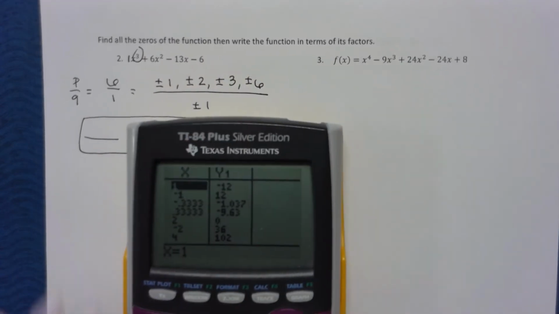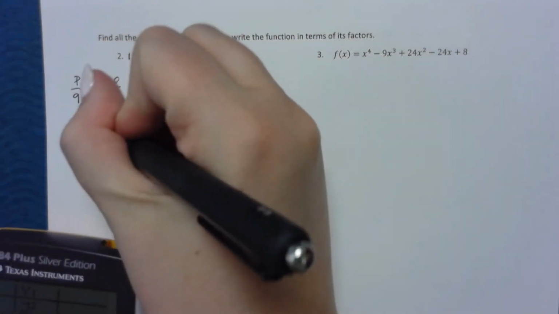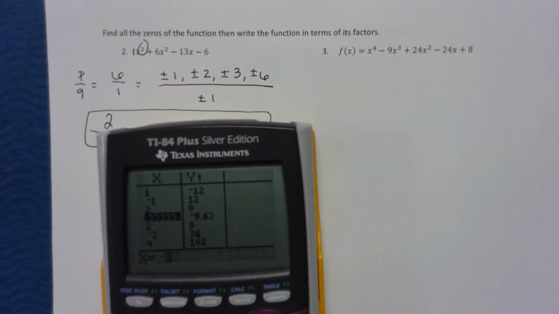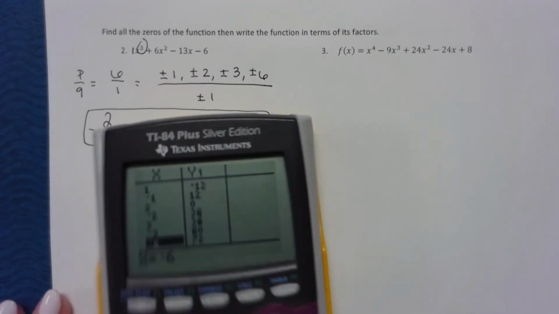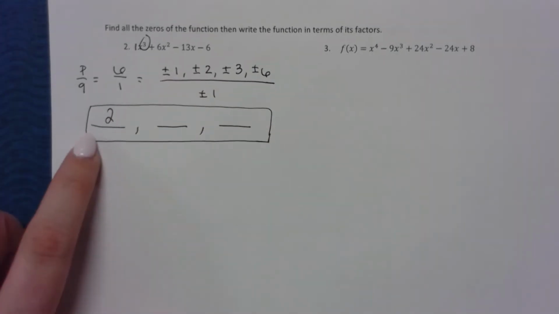So we plug in 1, that didn't work, negative 1, that didn't work, 2, 2 worked, negative 2, that didn't work, 3, negative 3, 6, negative 6. Okay, so I tried all of my options, and in this problem, the only answer I got was 2.